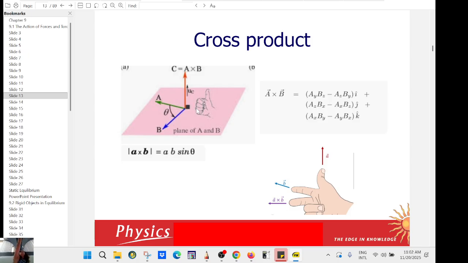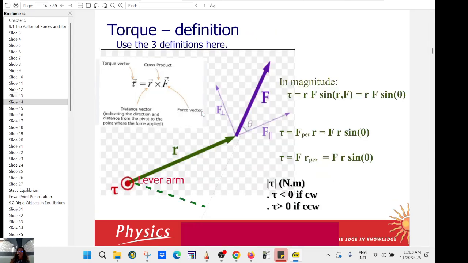You go from A, you fold toward B, and you get C. Maybe this way is easier when we are doing torque. So anyway, let's go back to the three definitions.